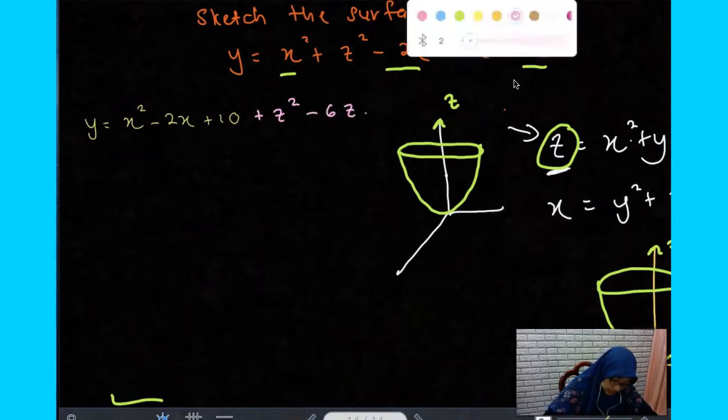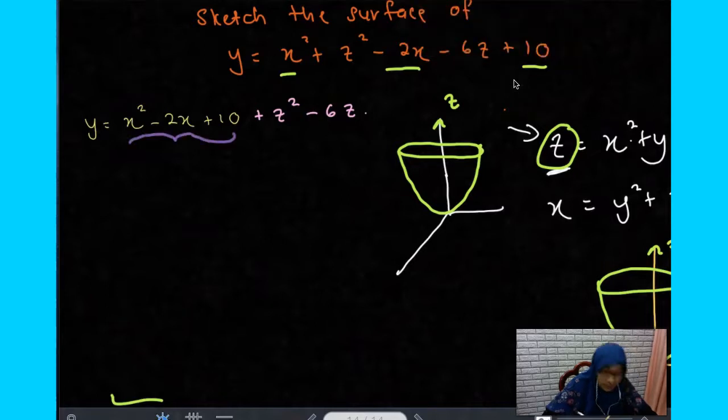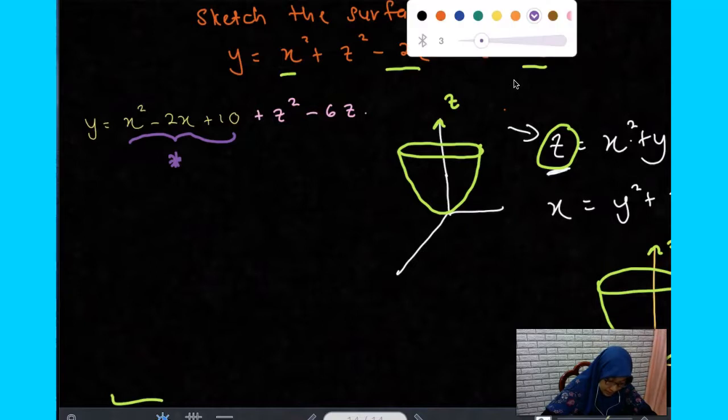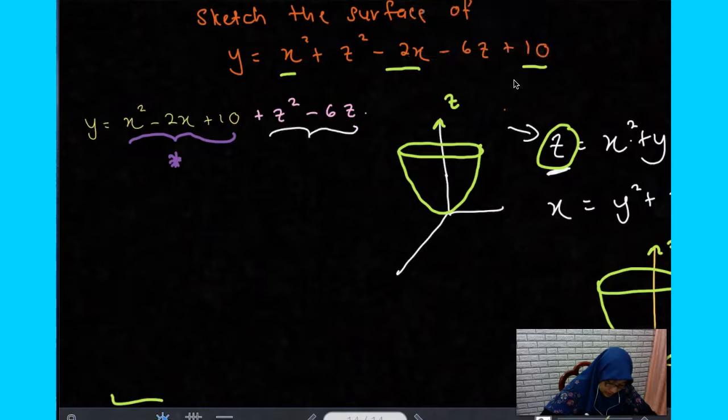Okay, so now I want to implement the completing the square technique for this group. So I label this, and this one is for the double star, and this one for the single star.